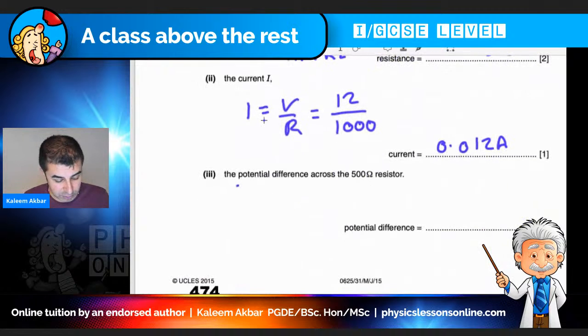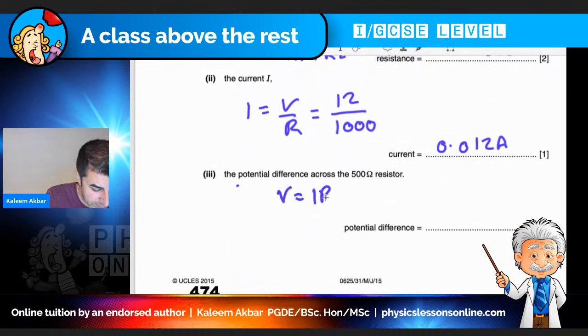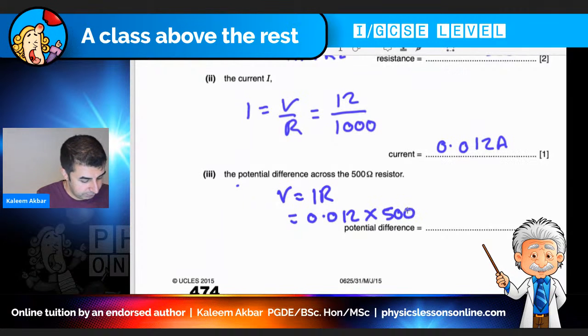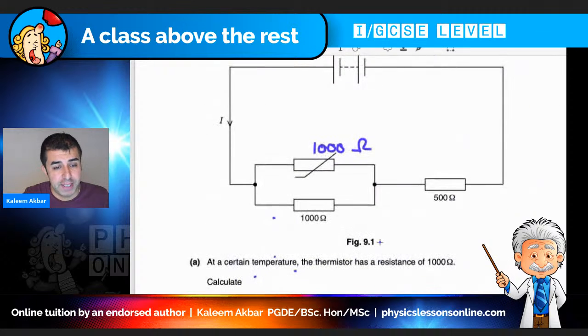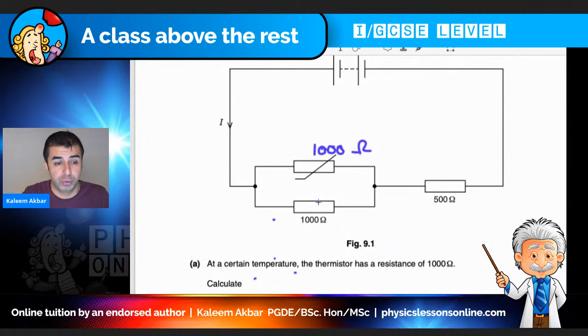So to find the voltage, we simply do V equals IR, which is 0.012 times 500 and we will get 6 volts, meaning that there must be 6 volts across these two over here.